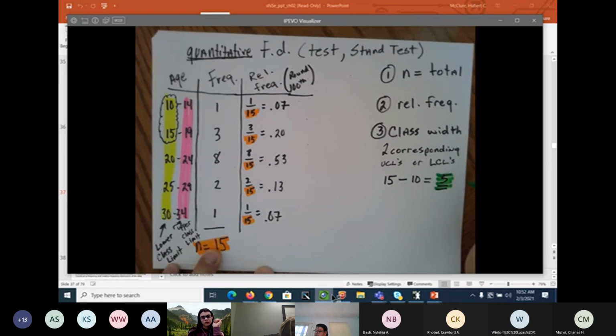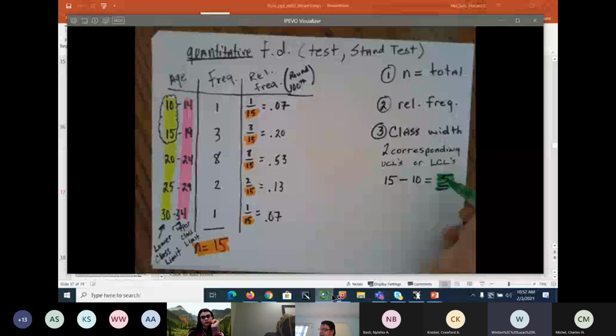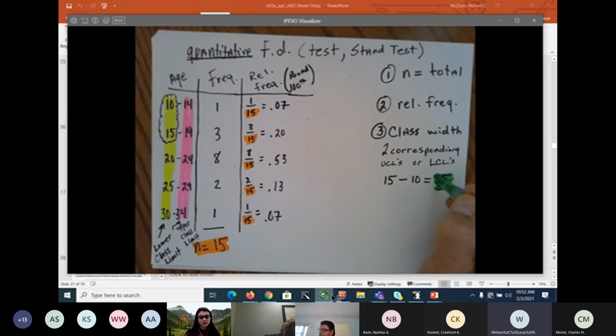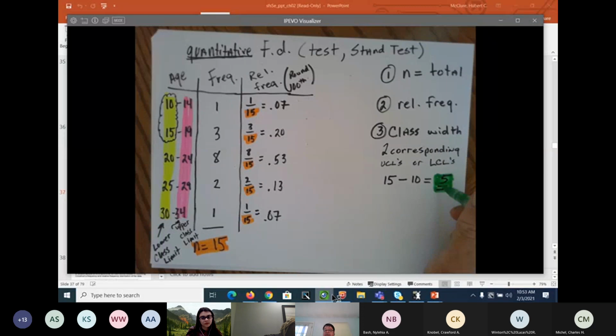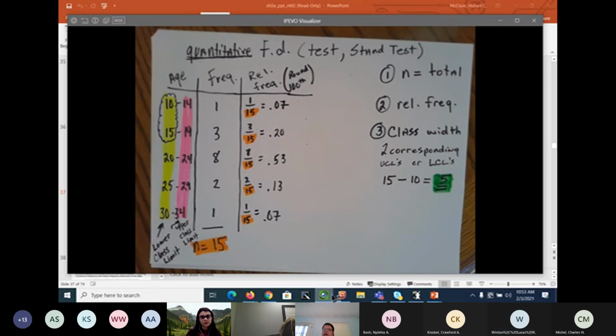In order to find the class width, you find two corresponding lower class limits or upper class limits, and you subtract them. Now, the class width cannot be negative, so you always subtract the lowest from the largest.